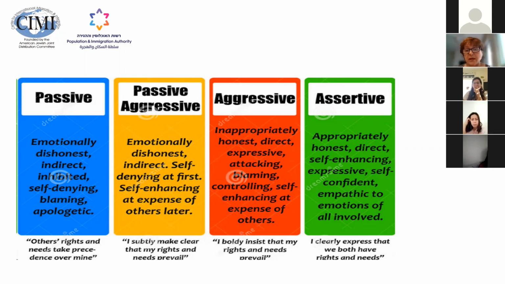Aggressive behavior is usually indicated by being inappropriately honest, direct, expressive, attacking, blaming, controlling, self-enhancing at the expense of others. And the assertive, the green one that we usually prefer and are easiest to deal with, is appropriately honest, direct, self-enhancing, expressive, self-confident, empathetic to emotions of all involved.